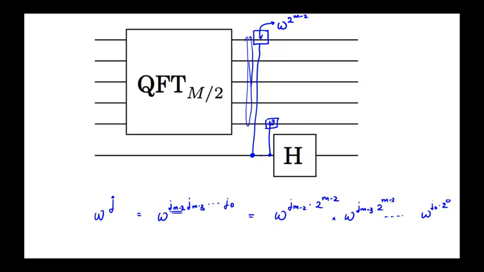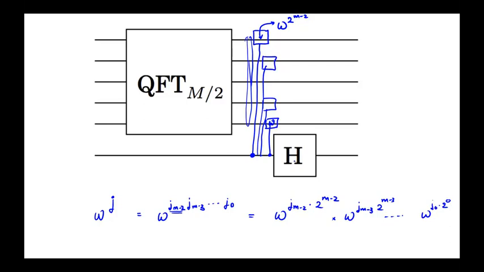So you just apply a conditional omega gate, and so on. To each of these you apply the appropriate conditional phase, omega to the 2 to the m minus 2, 2 to the m minus 3, and so on up to just omega. And then you do Hadamard.